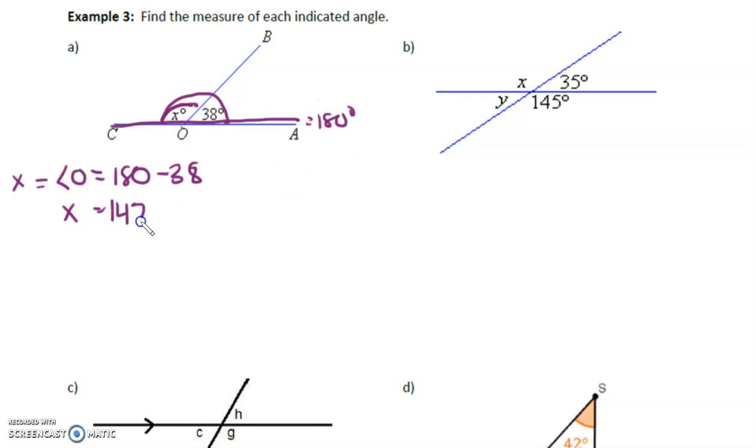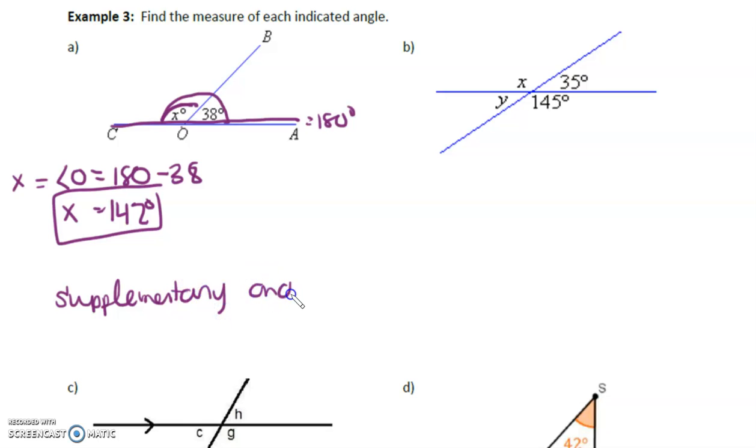So X equals 142 degrees. Okay, this is called supplementary angles, when angles add up to 180 degrees.